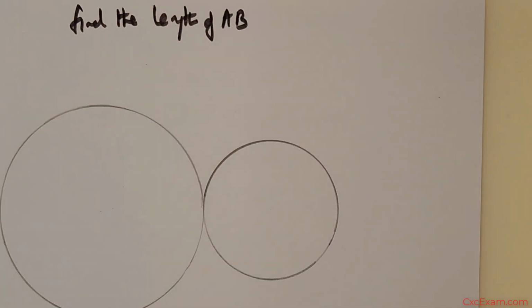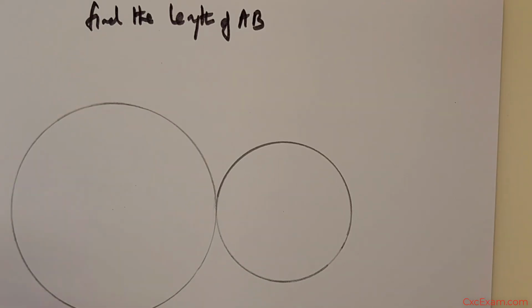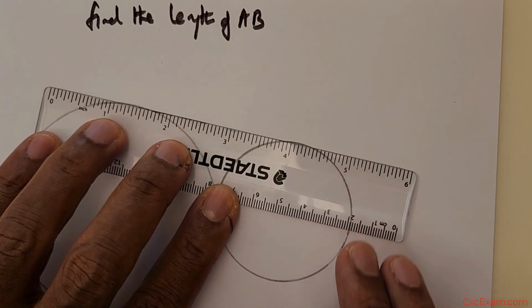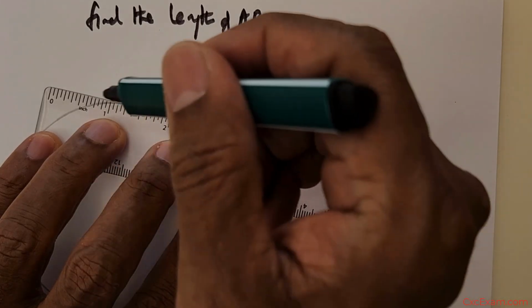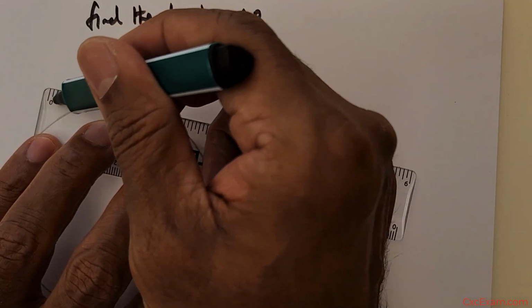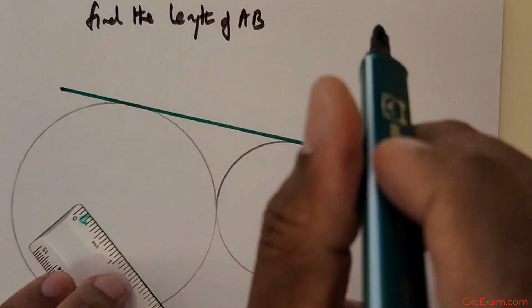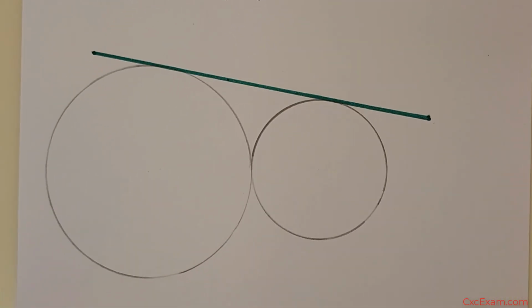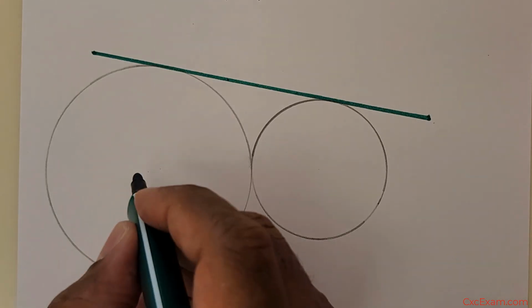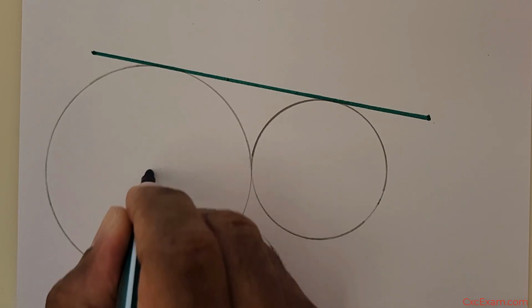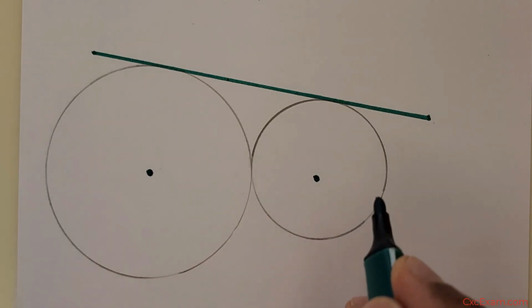Okay, so now there is a point of tangency. So there is a hit that is going on like that, and we take this as center. The center, this is the center.